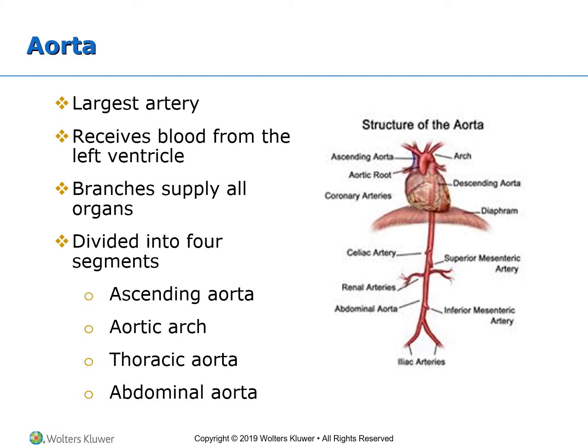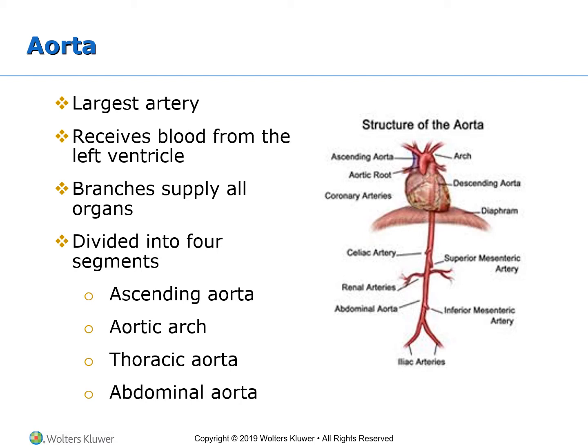Because it's such a big and important artery, it has a very thick wall, and it's a continuous artery. However, from a theoretical point of view, we can describe 3 different areas in the aorta.